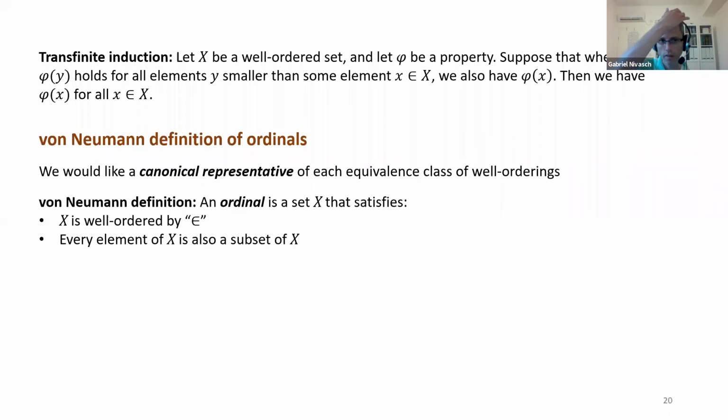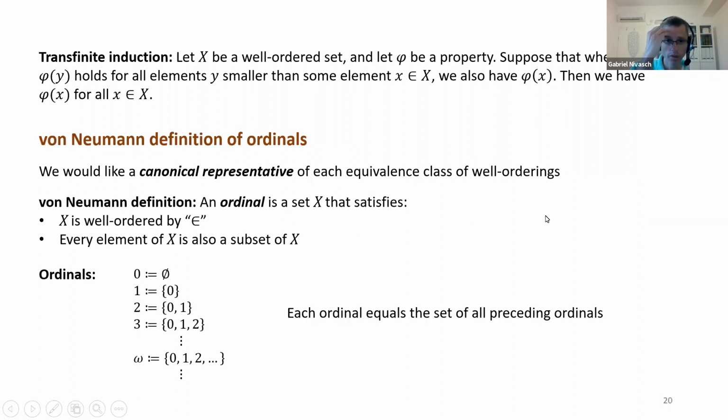You like to have a canonical representative of each equivalence class of well-orderings, and von Neumann invented a very nice way of doing that, by using containment as the relation. These are what are called the ordinals. So each ordinal equals the set of all the preceding ordinals.